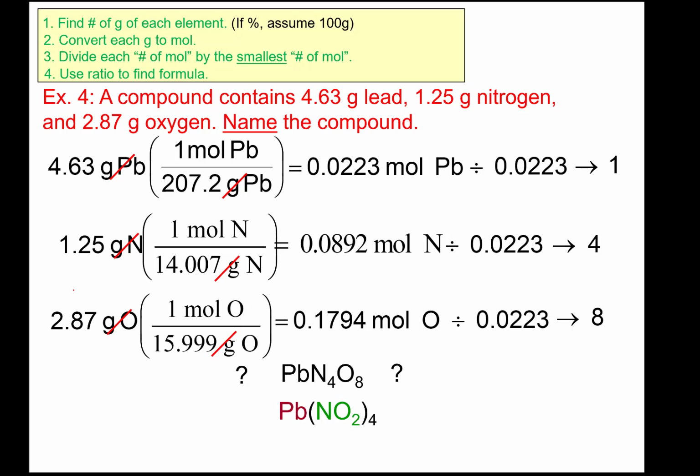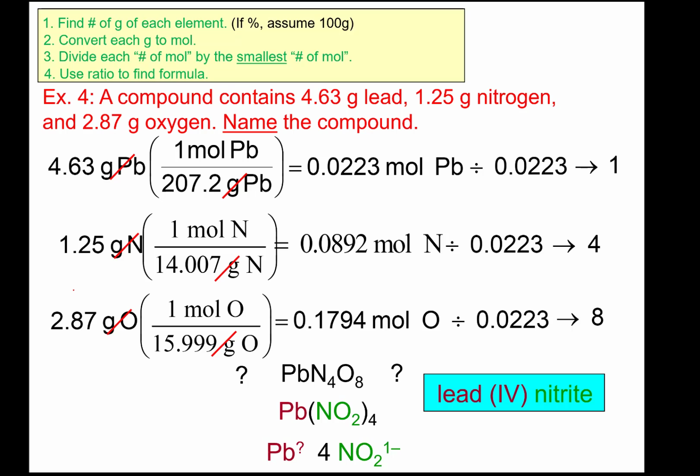Well, it must have a 4 plus charge because the nitrite has a 1 minus, and there are 4 of the nitrites. So it's lead(IV) nitrite. Remember, with the polyatomic ion, don't change its name or ending or anything, leave it as is. It has a Roman numeral because it's lead, and lead has multiple charges.